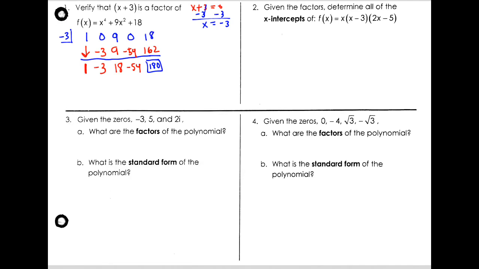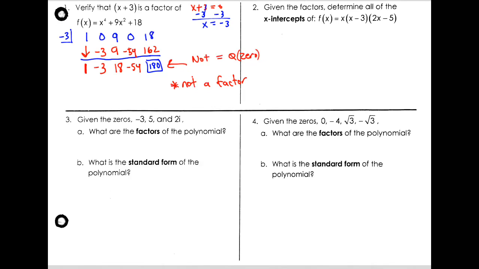Because this is not equal to 0, it's not a factor. If it was equal to 0, then that would have been a factor, and you would have been done. All right, so let me write: this is the same thing as 0.